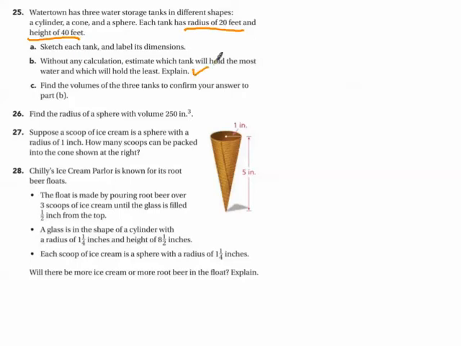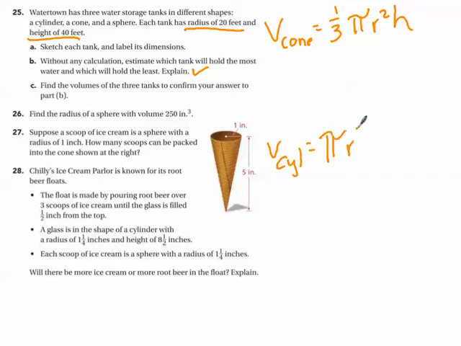To find the volumes, I know that the volume of a cone is 1/3 pi r squared times height. The volume of a cylinder is pi r squared times the height, and the volume of a sphere is 4/3 pi r cubed.